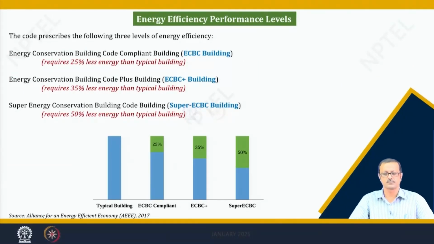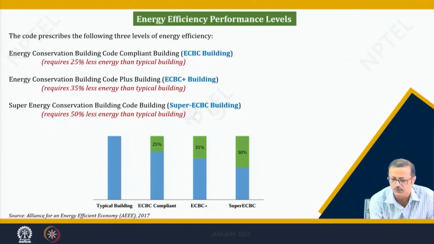For this efficiency or performance level in the ECBC 2017 code, there are 3 standard levels or performance levels. The first one is called ECBC building. I have highlighted it in blue color.